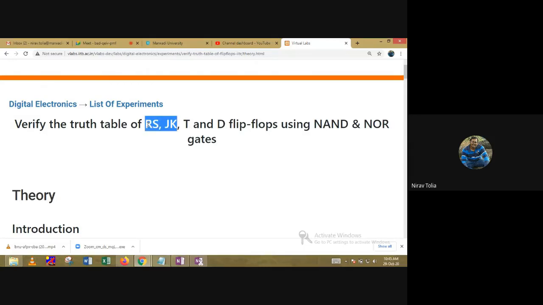These are the main two. If it is clear, please write down clear so we will move forward.